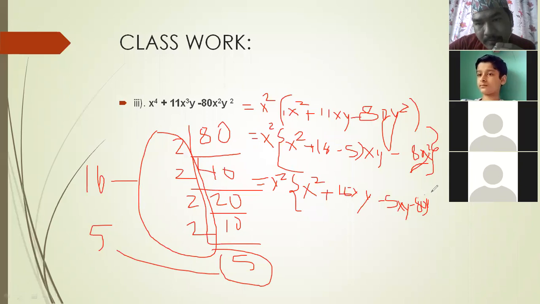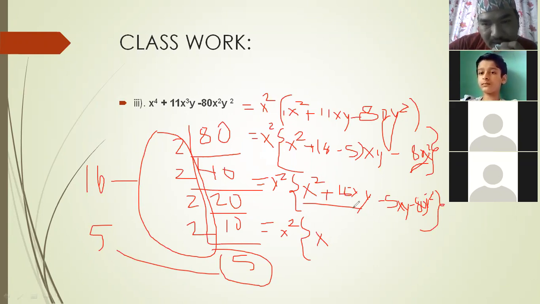Are you doing it, Celine? Then what we have to do here now, take common from two terms. What is common in the first two terms? Can you tell, Aditya? X. Good, x common. Then what is left? X plus 16y.